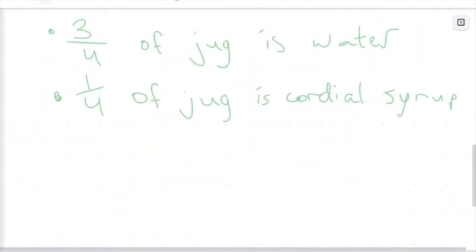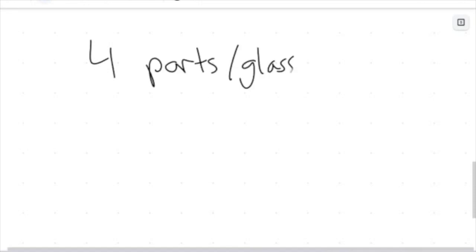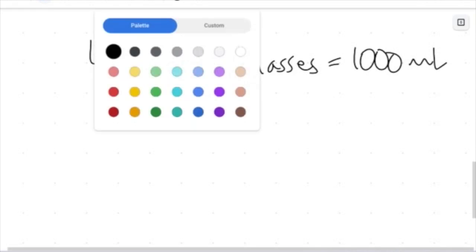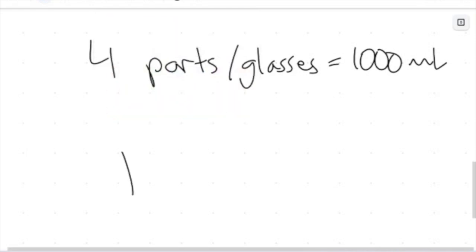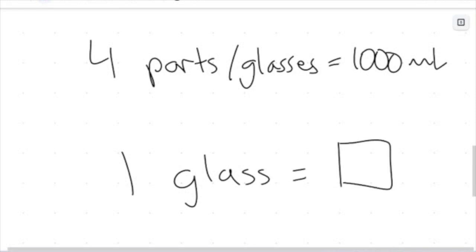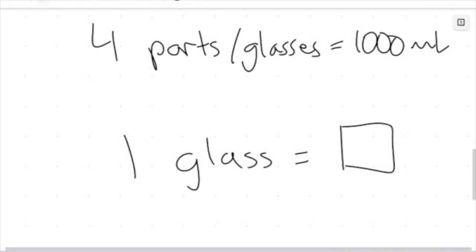So I can say, now I know there's a lot of writing here, but we're almost there. So 4 parts, glasses, equal 1,000 milliliters. I want to find out how much is in 1 glass. Well, what I want to do is split up my 1,000 mils into 4 equal parts.